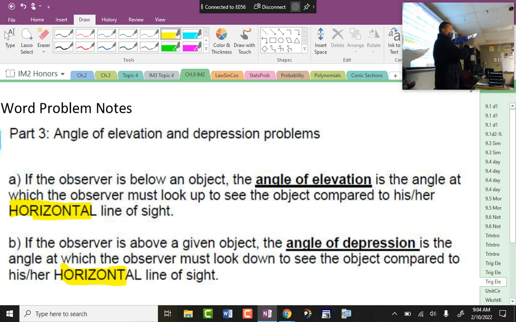So here it is. It's very simple, and actually nobody screws up angle of elevation. It's the difference between looking horizontally out and then up. It's this angular displacement compared to looking straight out to up. That's the difference between looking not elevated to elevated. And no one messes that up.